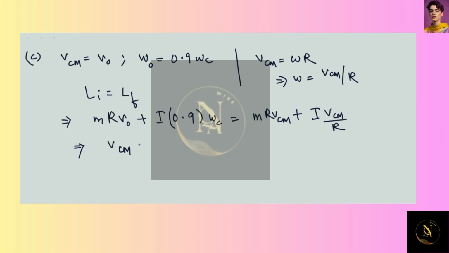Doing that, you will get the velocity of center of mass to be equal to 1 over 14 v naught. Now, this answer is pretty reasonable. There is not enough backspin since omega naught is less than omega c. Therefore, the ball's final state is rolling forward.